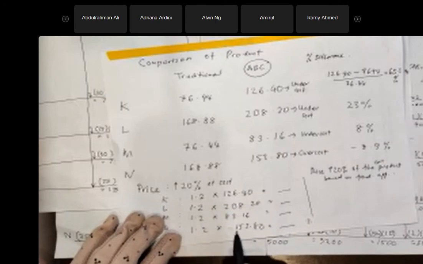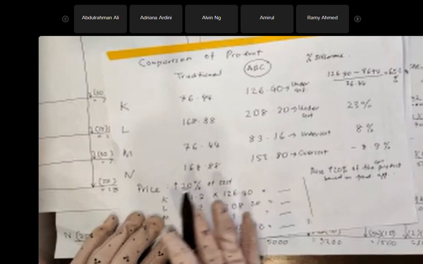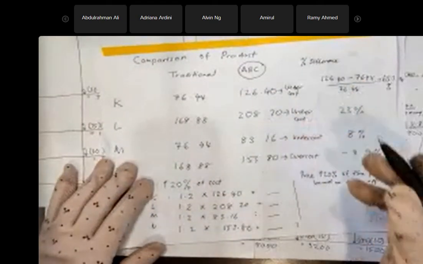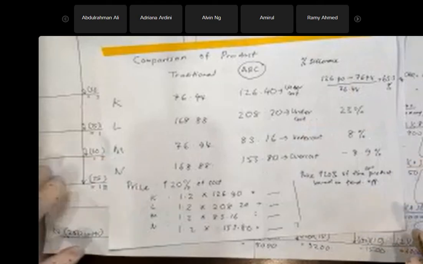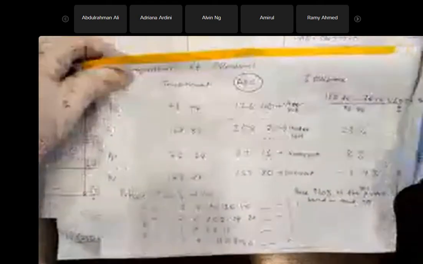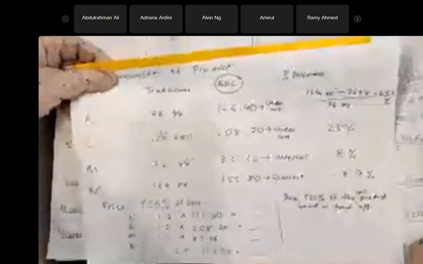Otherwise, if it is not mentioned, the default is ABC.